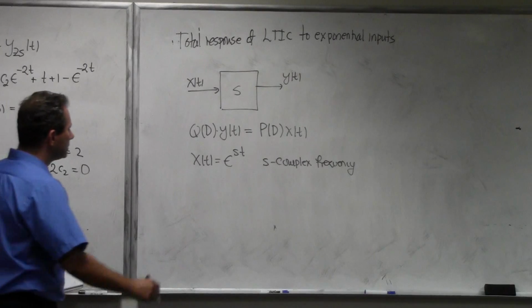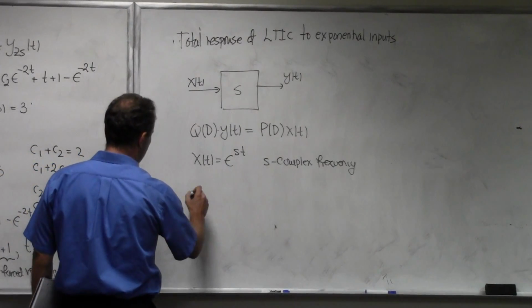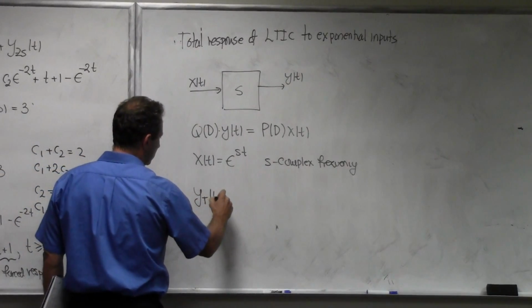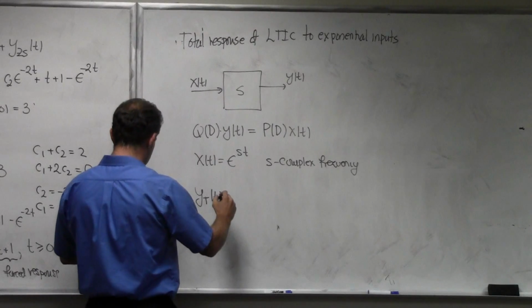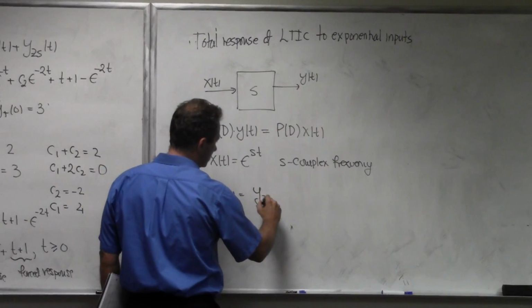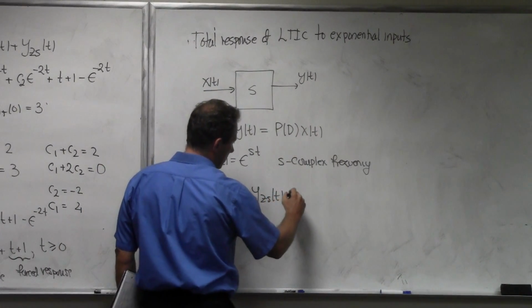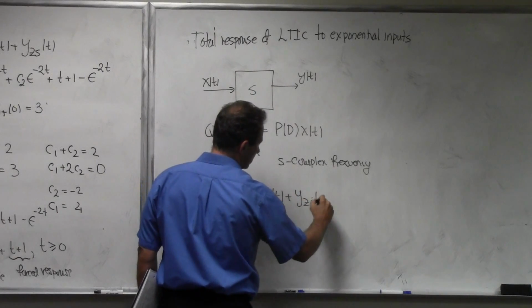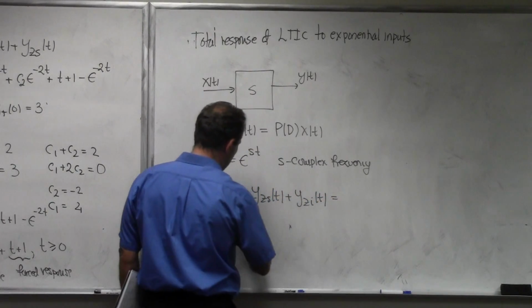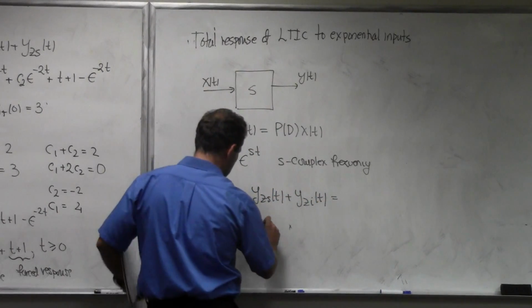Now, what we've learned from this example, and in general, the total response is going to consist of zero state response and zero input response. But it will have a form that is somewhat like this.